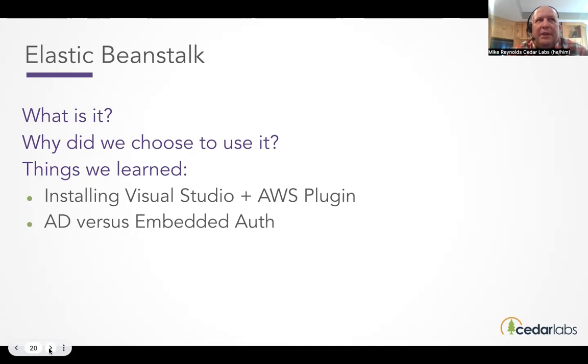And there's a set of AWS plugins, which when you have Visual Studio with the plugin installed, it's basically a button click and answer a bunch of configuration questions, which made deploying Generate really painless.